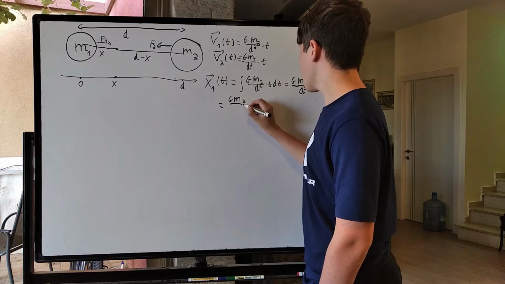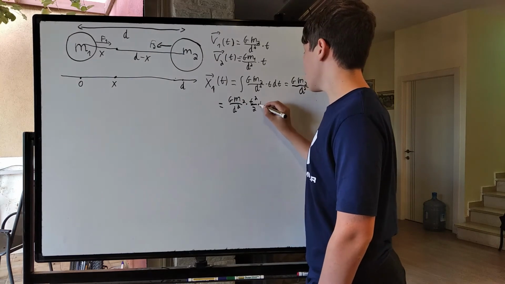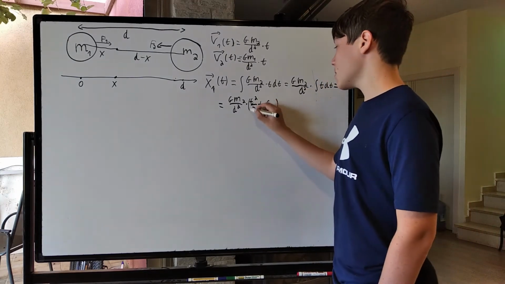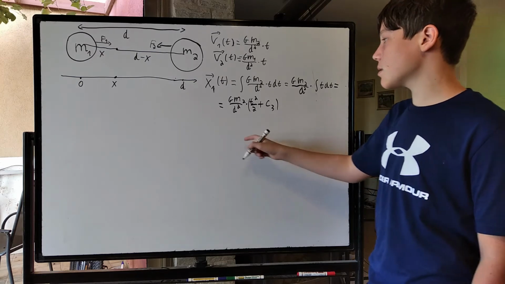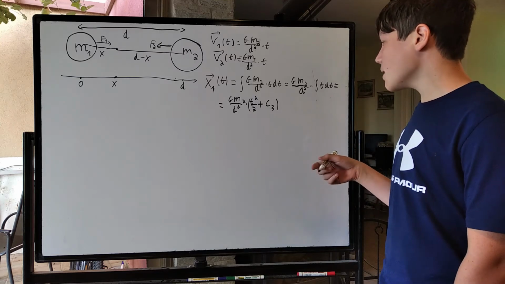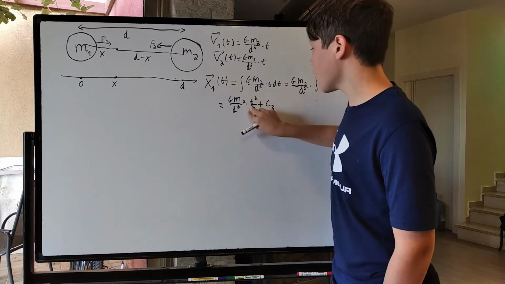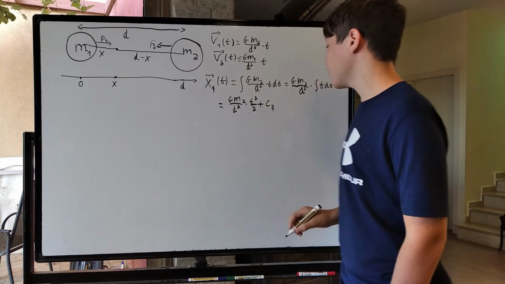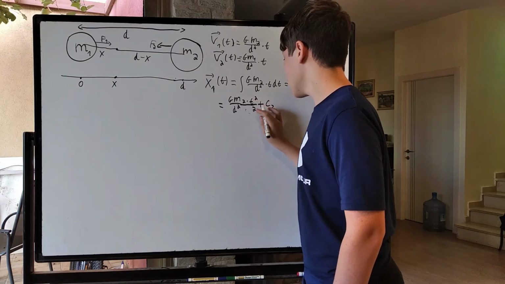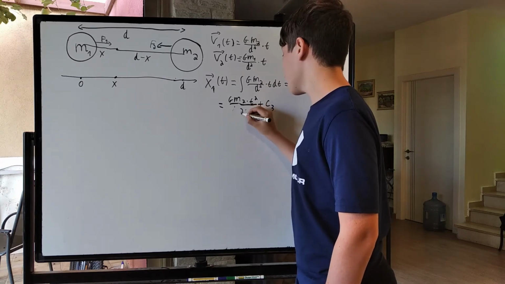So this is gm2 over d squared times t squared over 2 plus c3. A constant times gm2 over d squared is simply going to be another constant, so I'm just going to write this like so. And now we can combine it and put the 2d squared together on the bottom.